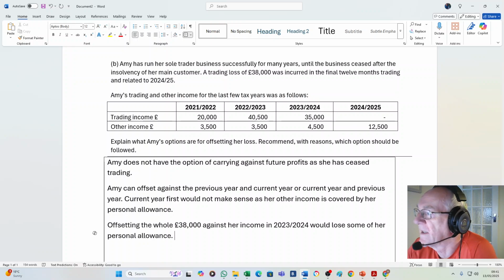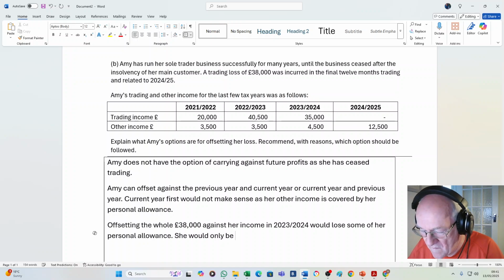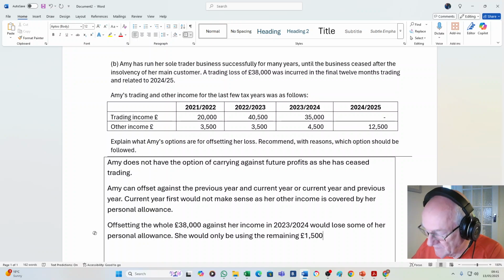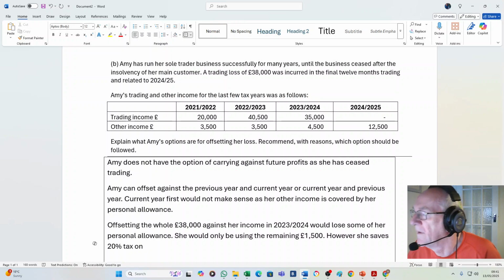Because well, 38,000, she would only... but it would save her some money. Well, it will be the bit that she can use. We could be precise about it. It's around about 27,000. Of course, it's 12,570.